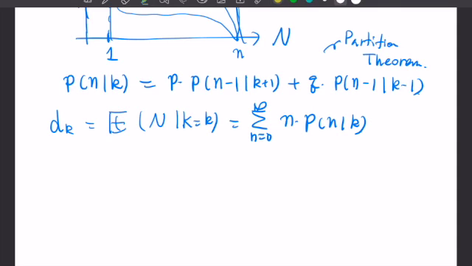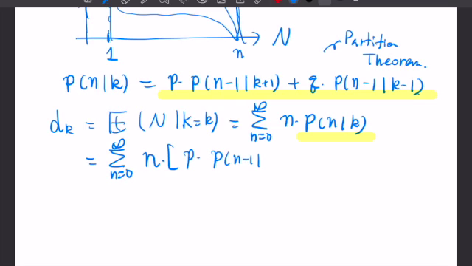So for this part, we substitute this. So that will be, just substitute, sum from 0 to infinity of n times p P_{n-1} given k plus 1 plus q P_{n-1} given k minus 1.